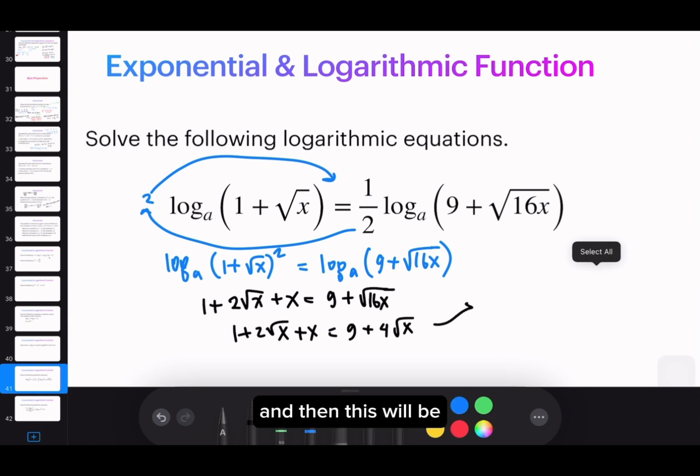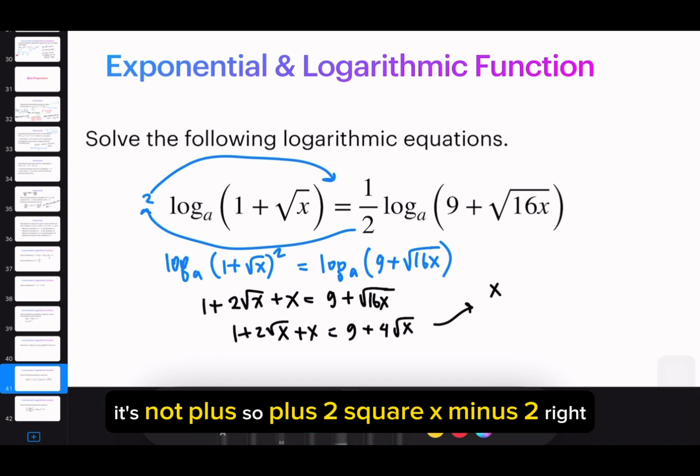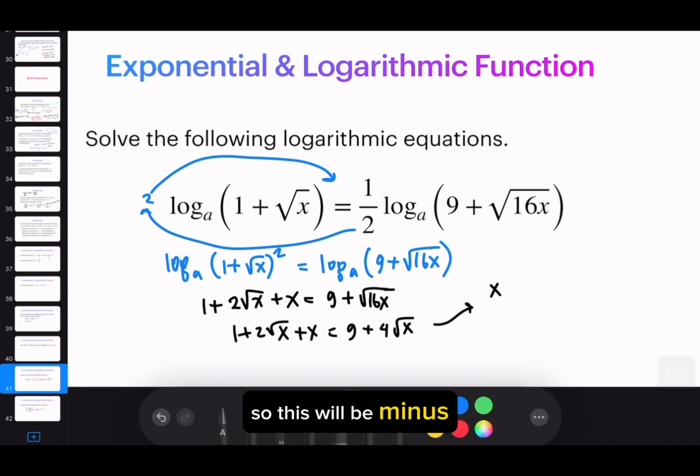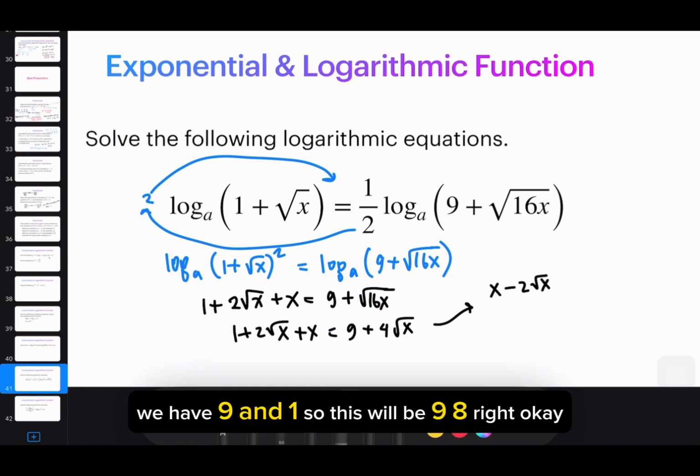And then this will be x plus, so this will be plus 2 square root of x minus 2, right? So this will be minus, sorry, 2 square root of x, and then we have 9 and 1, so this will be 9, 8, right?